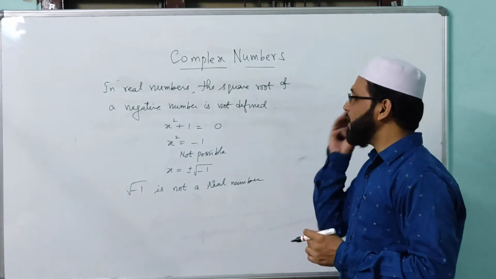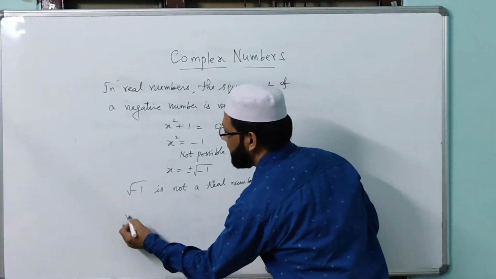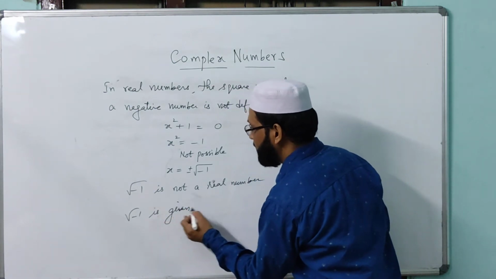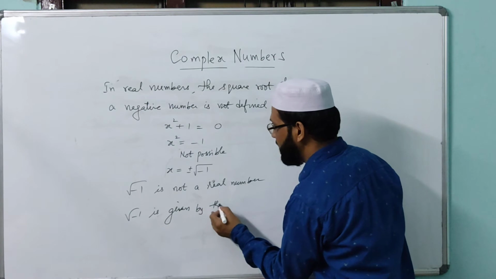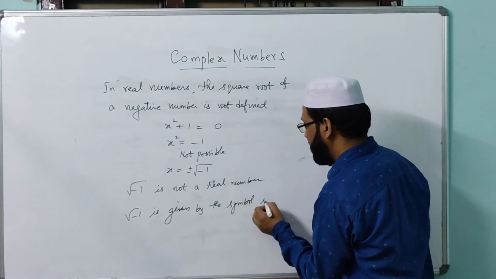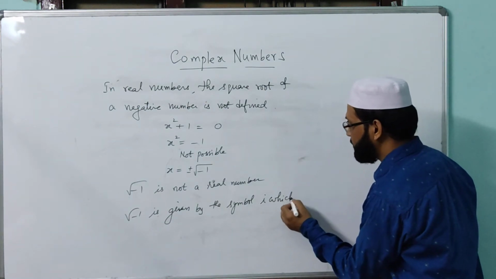So root minus 1 is denoted by the symbol I, which stands for iota.